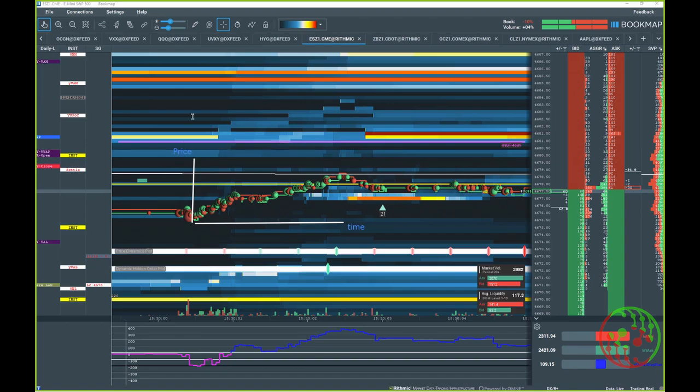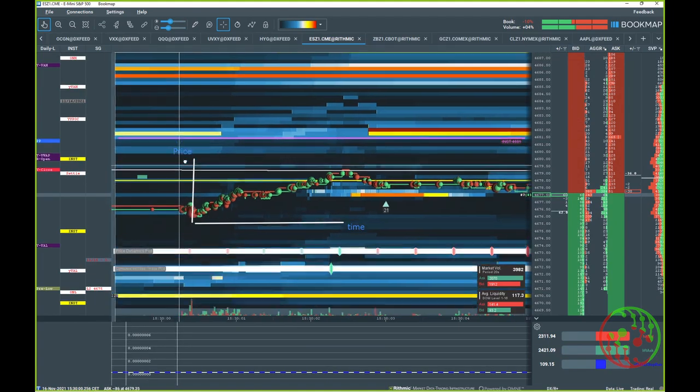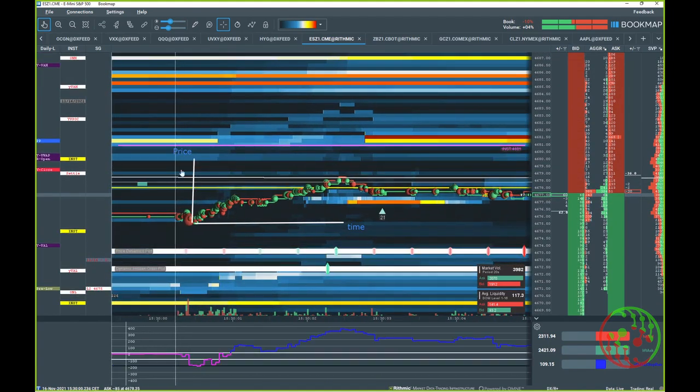So this is the price axis and this is the time axis here.